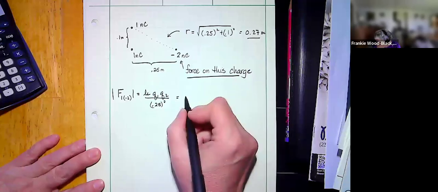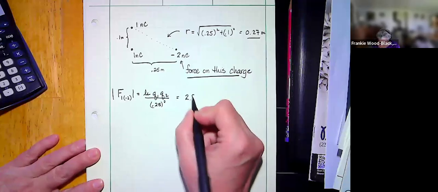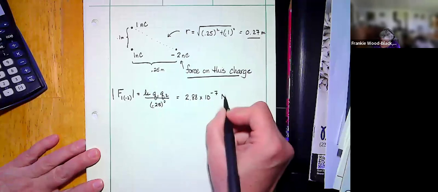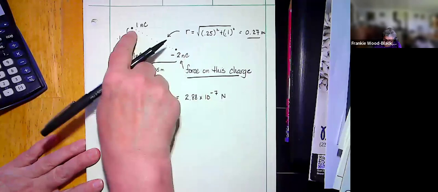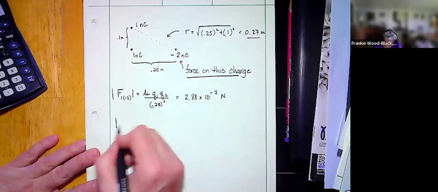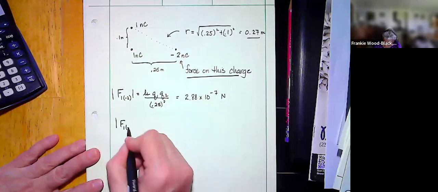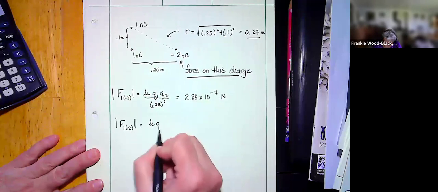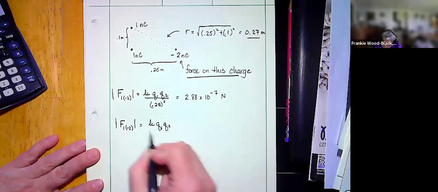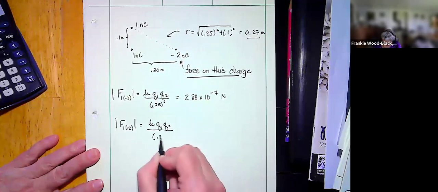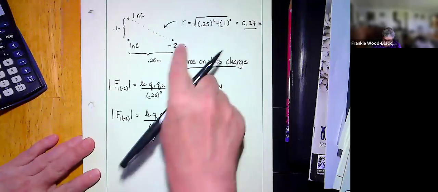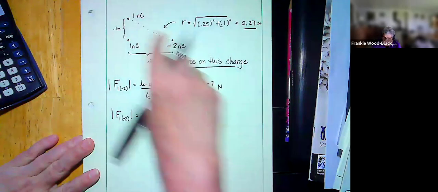That equaled 2.88 times 10 to the -7. Now this one is going to be the force of our 1 times our -2. And it's going to be KQ1, Q2 over our 0.27 squared, because that's the distance between this.